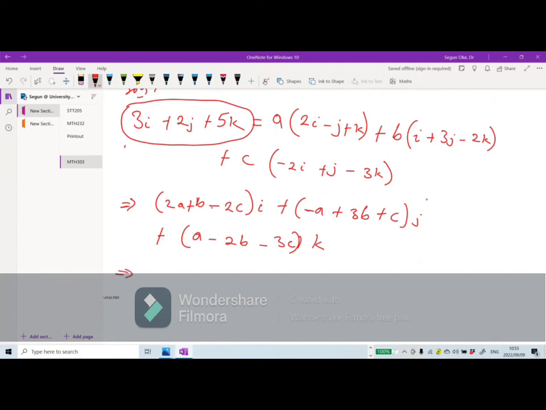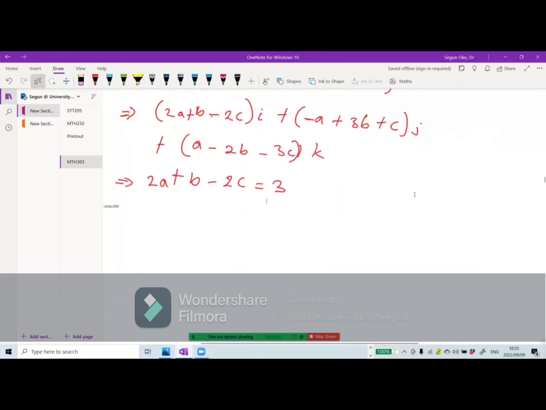That is, we have 2a plus b minus 2c equals 3. I hope you get it. Because we have 3i. If it is 4i, it will be equal to 4. If it is minus 2, it will be equal to minus 2.